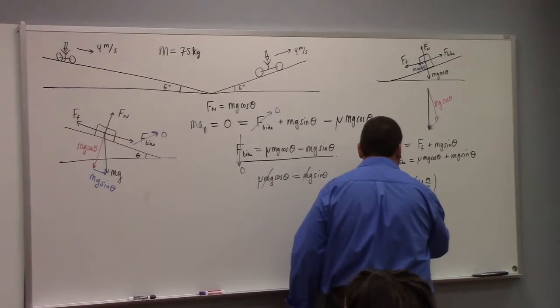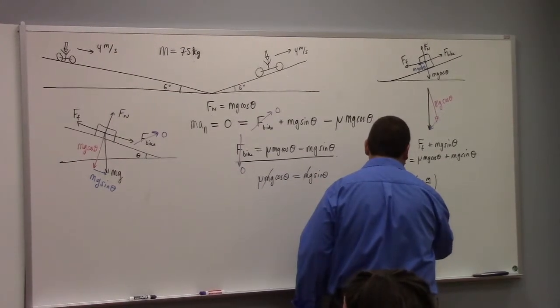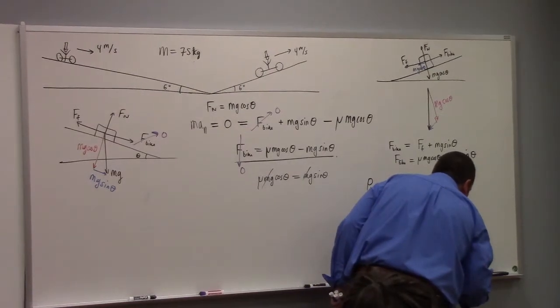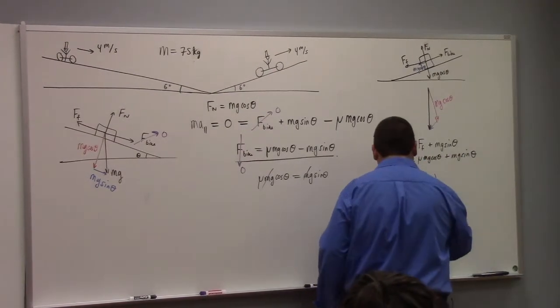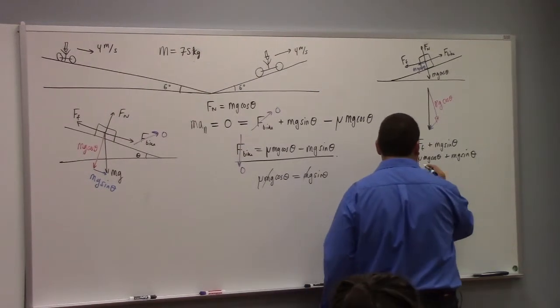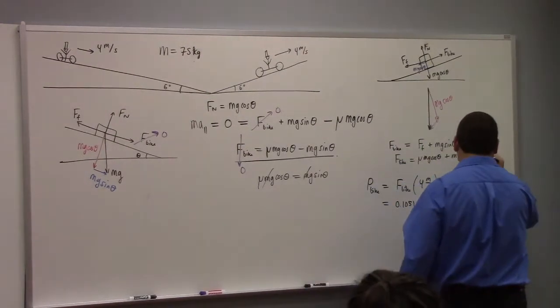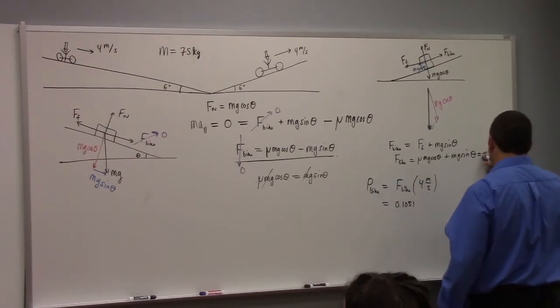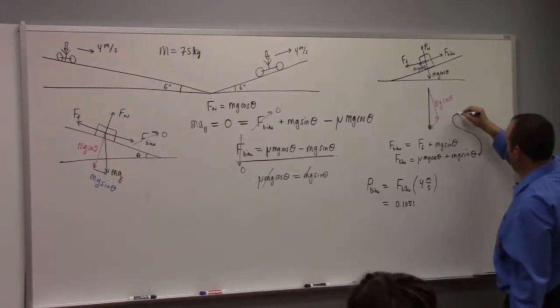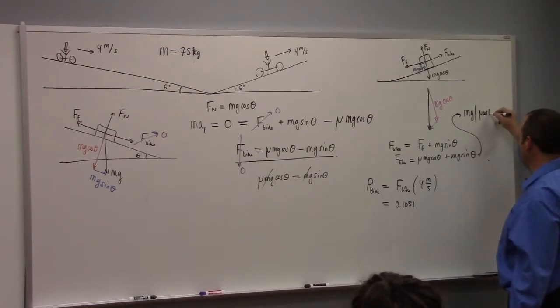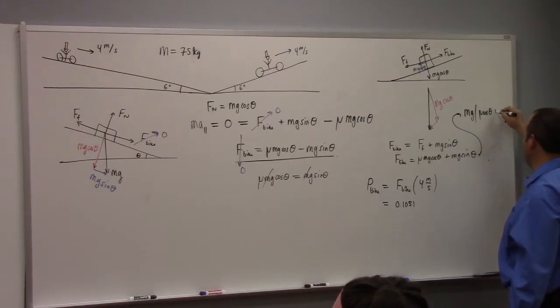So we've got, I erased it, 0.1051, yeah, that's the mu. This is actually mg times mu. This can be rewritten as mg times mu cosine theta plus sine theta, yeah?